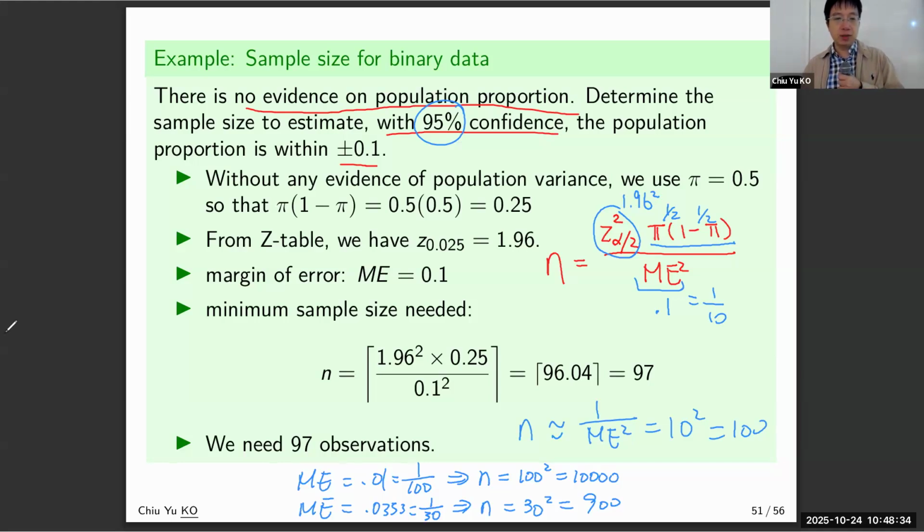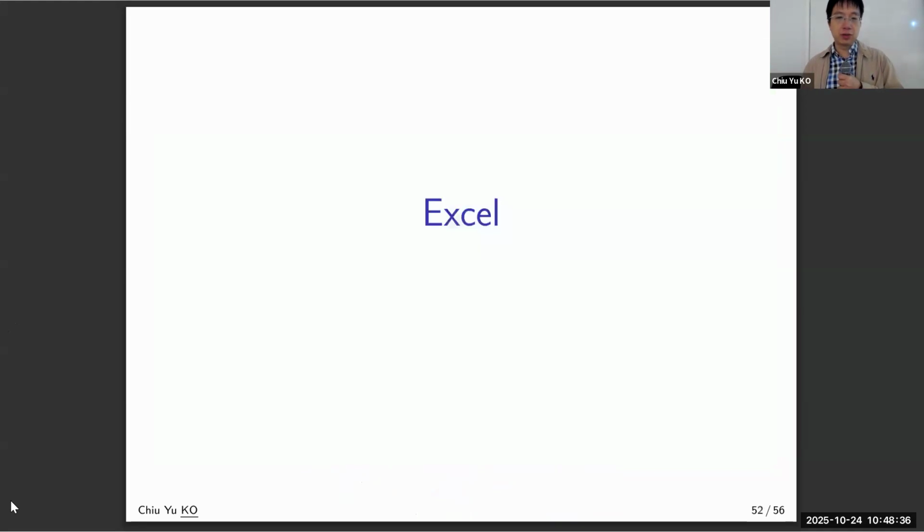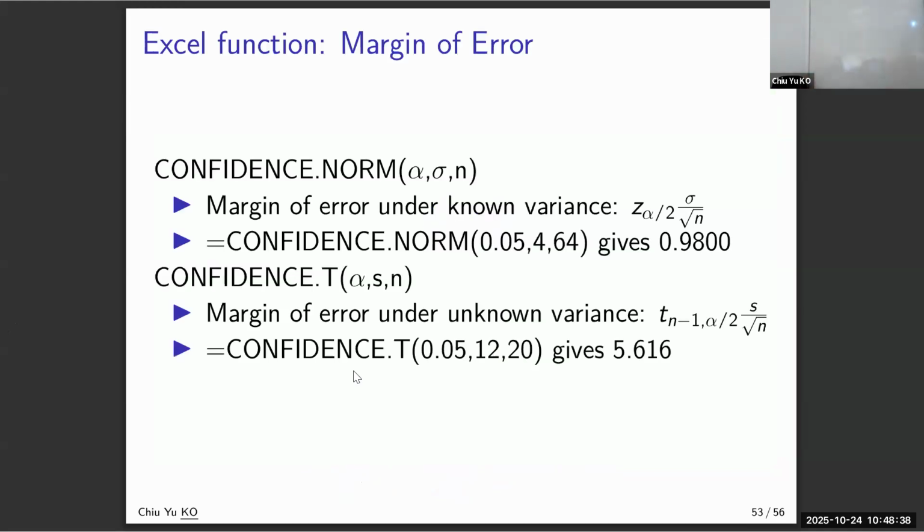To end this chapter, I want to tell you 2 functions. I don't find them very useful, but I just put them here so you can see them. Okay? And this is trying to give you the margin of error directly. So remember, margin of error is like this formula or this formula.